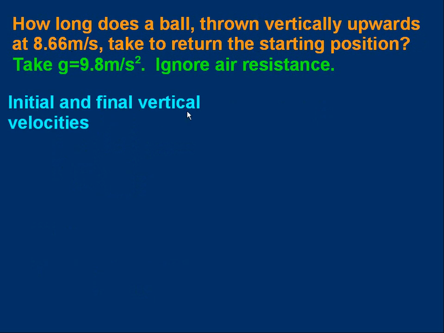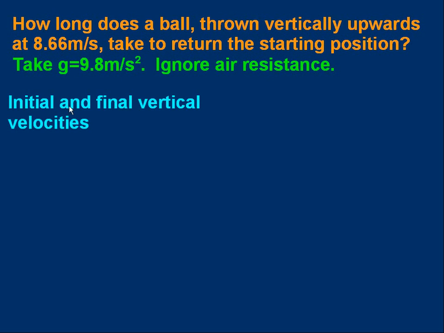Well, I hope you can tell that it's going to be minus 8.66 meters per second. The same speed, but the direction has changed. It's conservation of energy. If it has a certain kinetic energy at the start, it will have the same kinetic energy at the end. So if there's no air resistance, the speeds will be the same. It'll be going at minus 8.66 meters per second when it comes back.